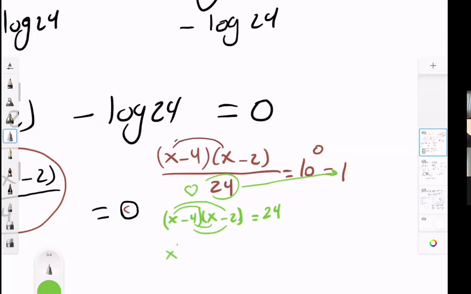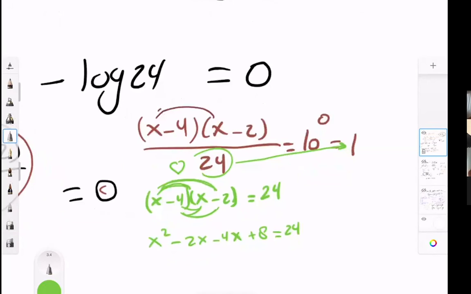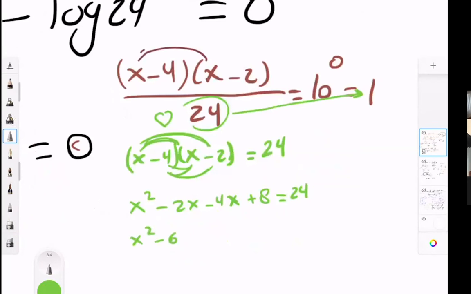So we're going to get x squared minus 2x minus 4x plus 8, since x times x is x squared, negative 2x, negative 4x, positive 8, equal to 24. We have x squared minus 6x. I combine these two to get minus 6x plus 8 equals 24.